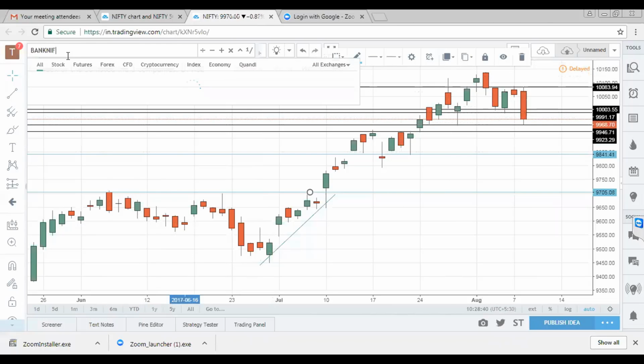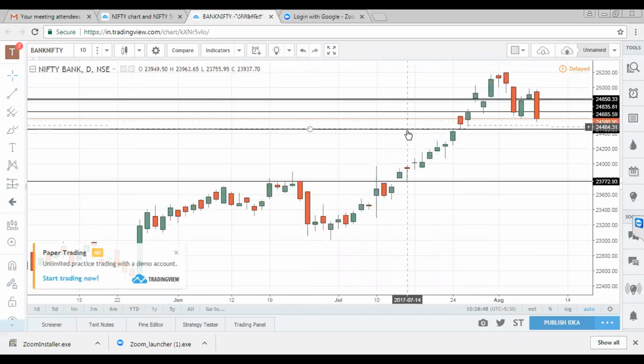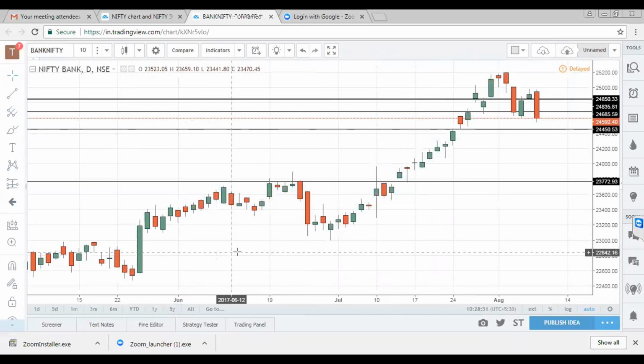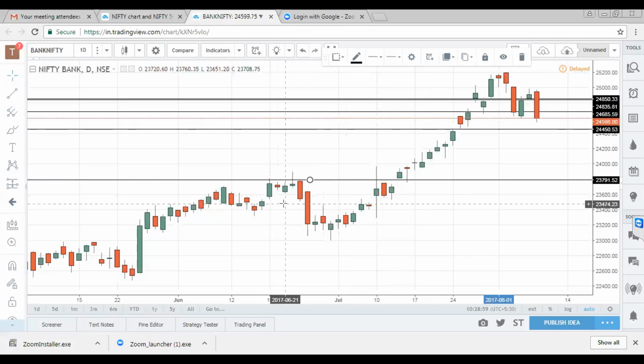Now let's see Bank Nifty. On the daily chart pattern, if you see over here, there is one level which is very important, 23,800. There was one resistance, 2, 3, 4. Then it came back over here and it opened gap up.